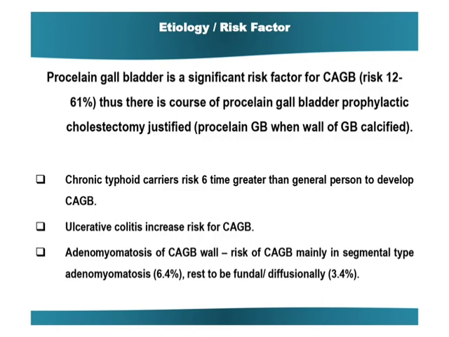Chronic typhoid carriers have a 6 times greater risk than the general person of developing carcinoma gallbladder, as do those with ulcerative colitis. Adenomyosis of the gallbladder, mainly the segmental type, is more commonly associated with carcinoma gallbladder, almost 6.4%.